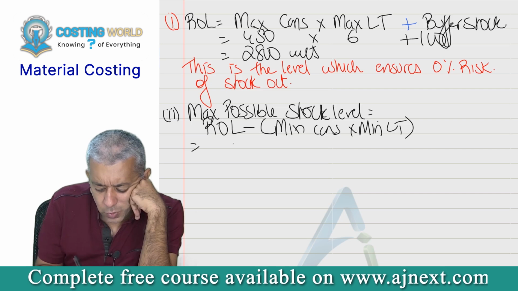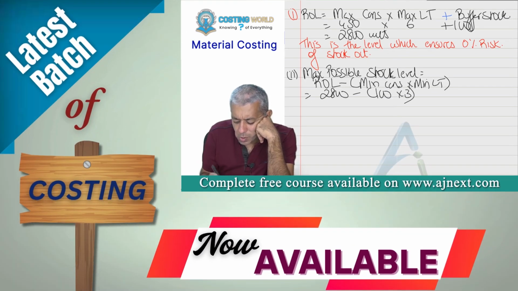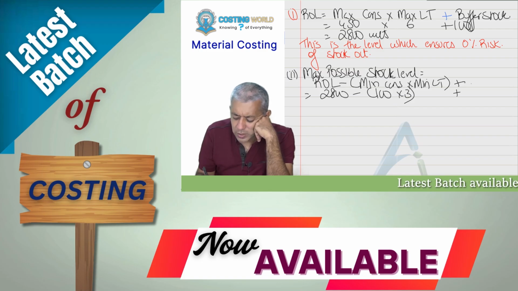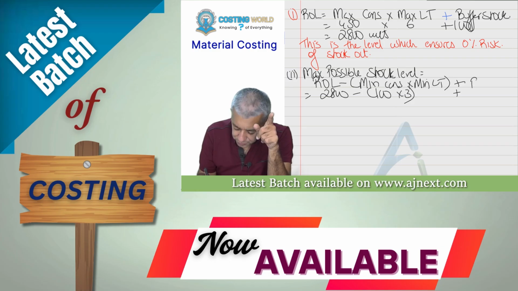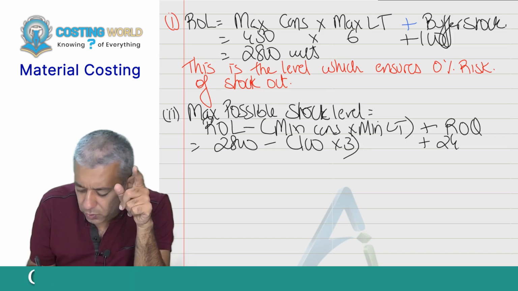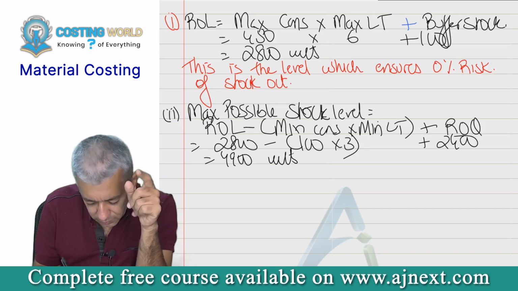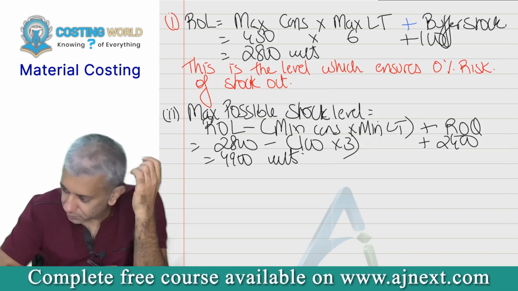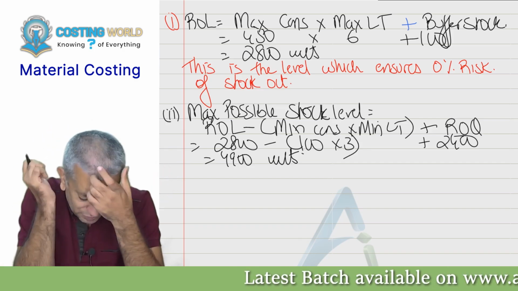This will make you reach from 2,800 to 2,500, no? And on this day, who will come? Supplier. Supplier will bring in the quantity that we ordered. So therefore, add ROQ. This will be your formula. Write it, please. Listen. Job done.